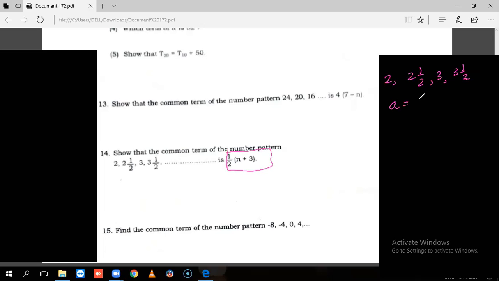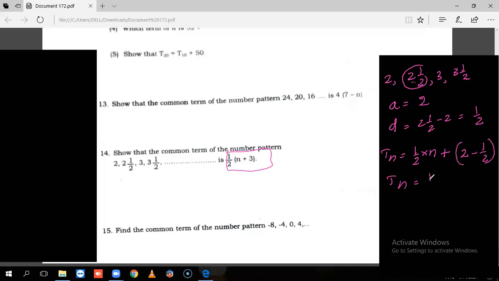At times like this, don't get excited, first write the first term. Find the common difference. Subtract the previous term from each term. 2 and a half minus 2, the common difference is half, because whole number subtract whole number leaves the fraction. Then the general term equals common difference into n plus first term 2 minus common difference half. So Tn equals half n plus half.